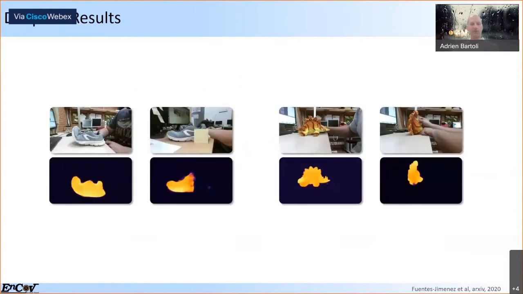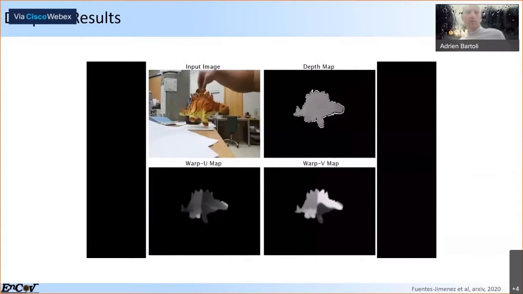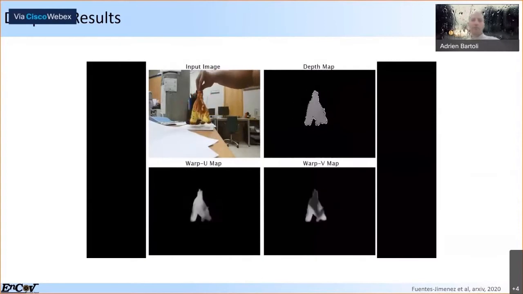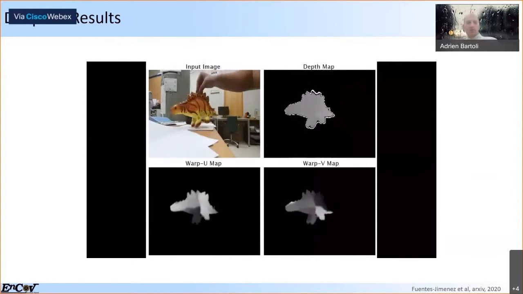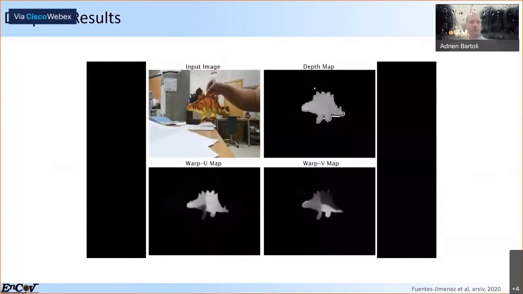More results: it's quite resistant to changes in occlusions, illumination, and drastic changes in pose and deformation, as you can see on the right, changes in lighting as well. Here I have a short video. It works in real time, with frame rates, if I remember correctly, quite close to 15 to 20 hertz.